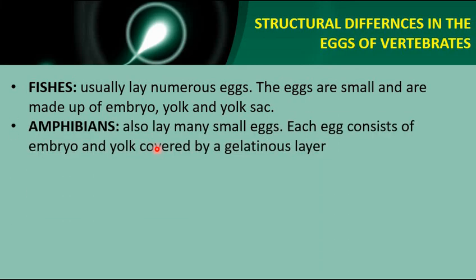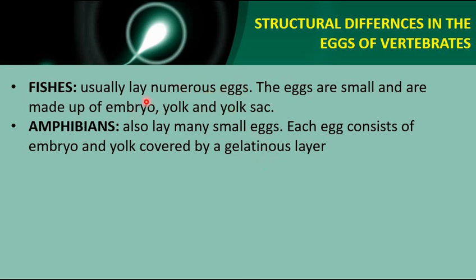Each egg consists of embryo and yolk covered by a gelatinous layer. Remember that there is an advancement now when you compare it with the egg of the fish, because there you don't have any layer that protects the egg. That's why we say this process is always a wasteful process, because numerous eggs and sperms are wasted.